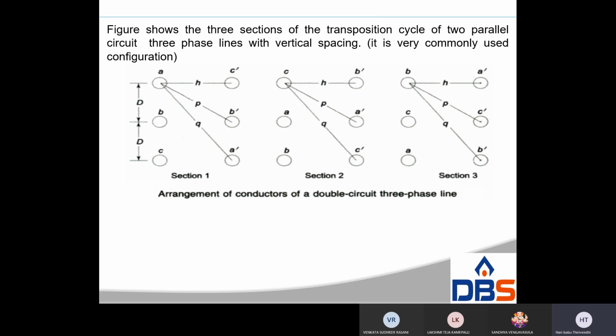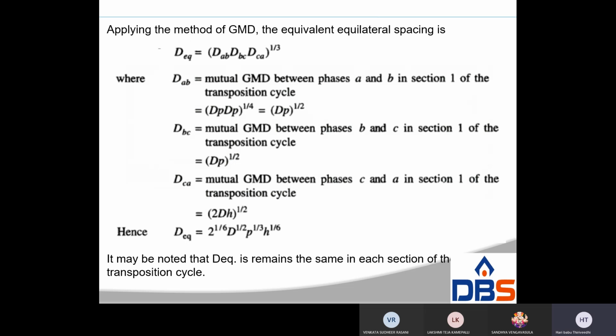So as usual, determine the A. From A, you have to determine what is the AC distance, what is the AB dash distance, what is the AA dash distance, like that. And find out GMD, DAB, DBC, DCA all power 1 by 3. If all are the same, it is DP.